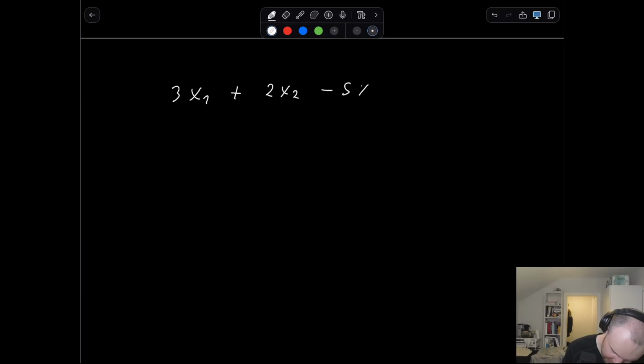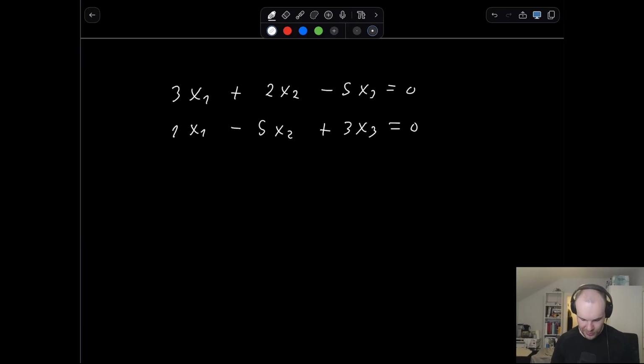So what does that mean? Let's say we had a homogeneous system of equations. I can just do an example myself. So for example, if I had 3 times x1 plus 2 times x2 minus 5 x3 is equal to 0, and x1 minus 5 x2 plus 3 x3 is 0.